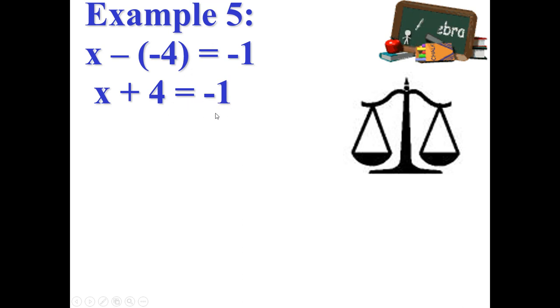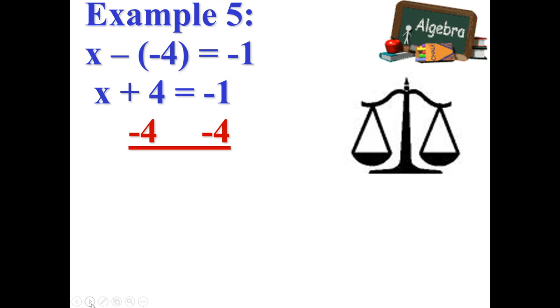So now we just want to isolate the variable. How do we isolate the variable? We have to do the inverse operation. What's the inverse operation of adding 4? If you said subtracting 4, then you are correct. So we have plus 4 minus 4 on this side, and we subtract 4 from this side too.